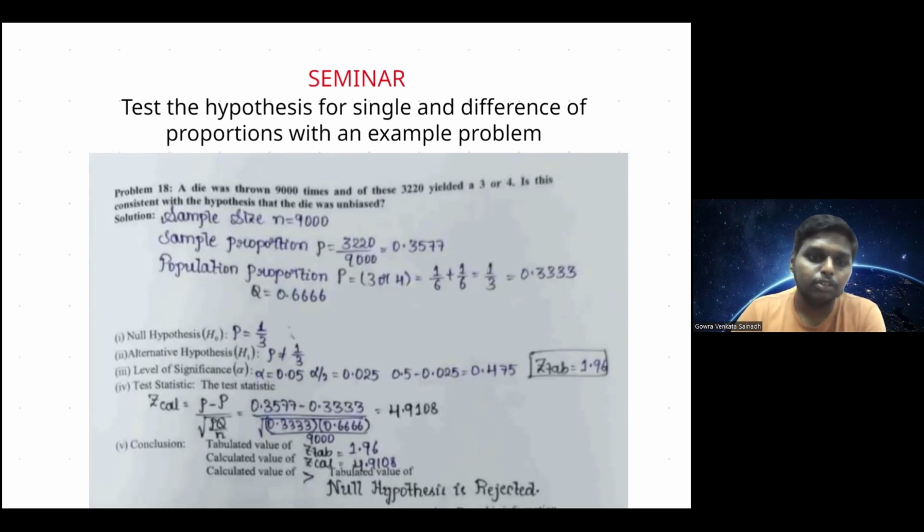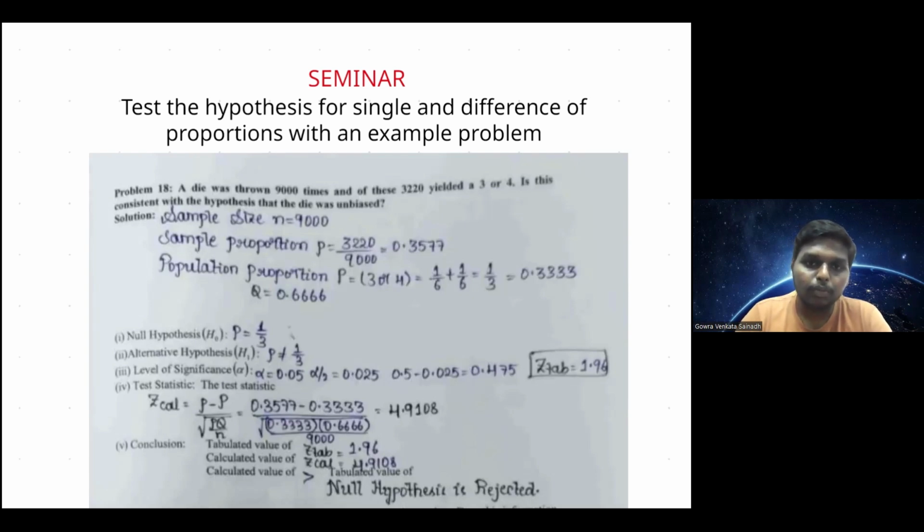So here, P is 0.33 and we can get Q, that is Q equal to 1 minus P. So 1 minus 0.333, we get 0.66 bar. And here null hypothesis, we already discussed, that sample proportion is equal to population proportion.